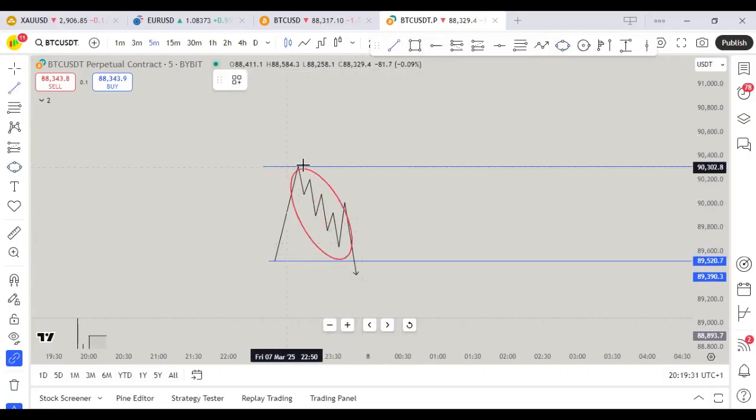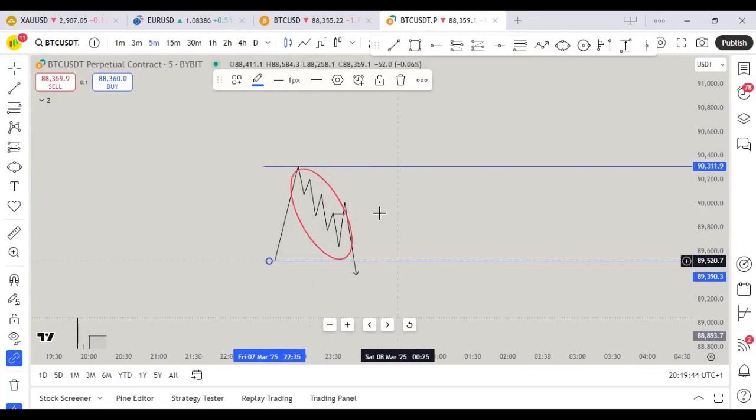Internal liquidity. We are trading inside the zone of the higher time frame. This is the main high. This is the main low, which is external liquidity. Buy side liquidity. Sell side liquidity.